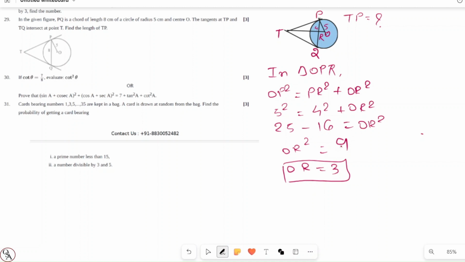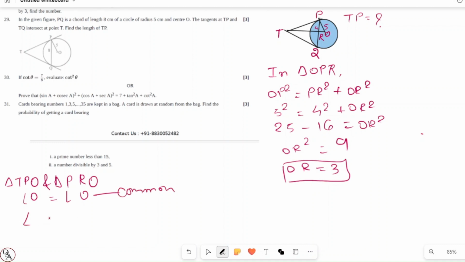As we have to find the value of TP, if we compare the triangles, I will explain you. If we compare triangle TPO and triangle PRO, angle O is equal to angle O, which is common, correct?